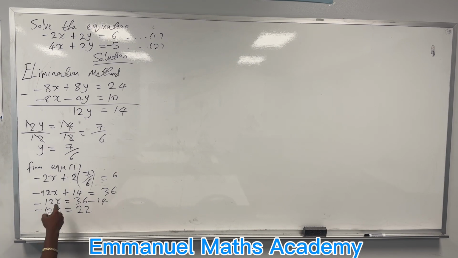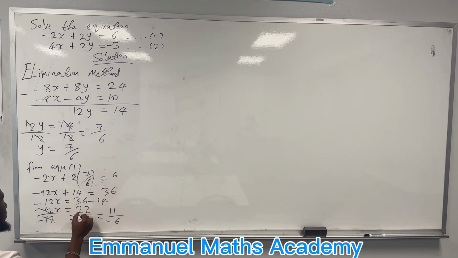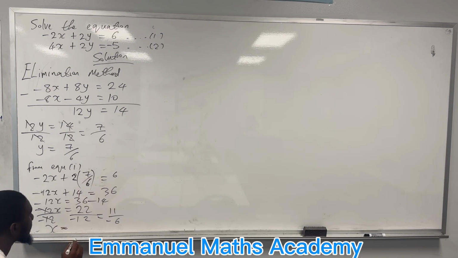So dividing both sides by the coefficient of x, minus 12, minus 12 will cancel minus 12. Divide this one by 2, hence you have 11. Divide this one by 2, hence you have minus 6. Hence, the value of x is equal to minus 11 over 6.